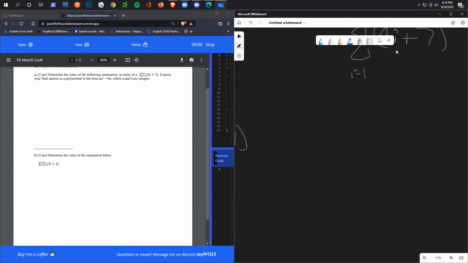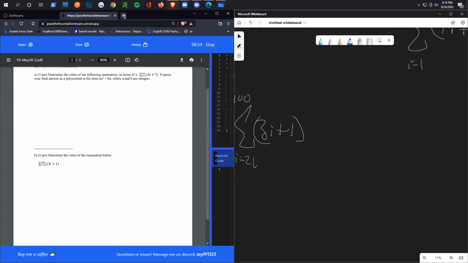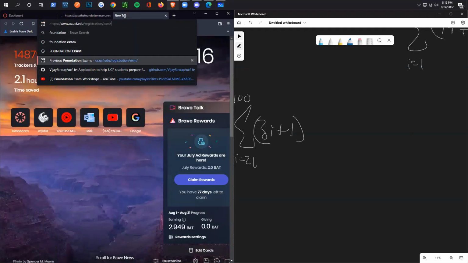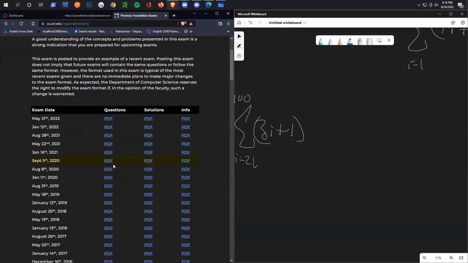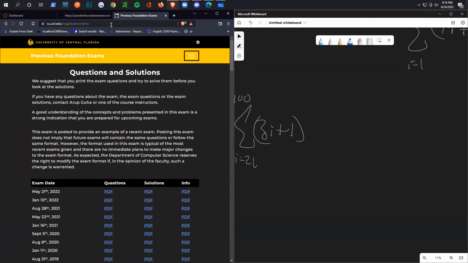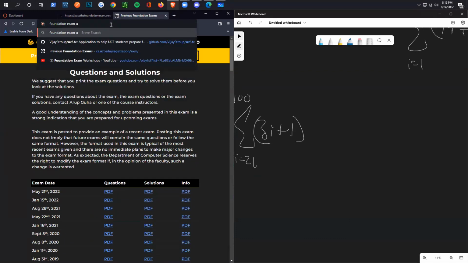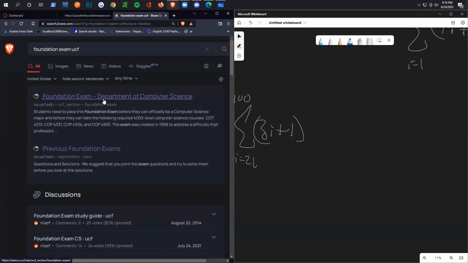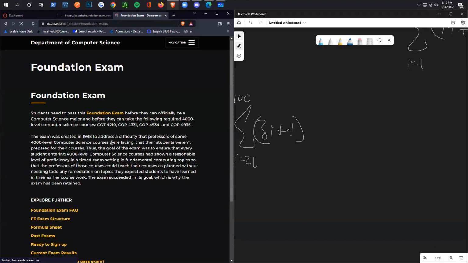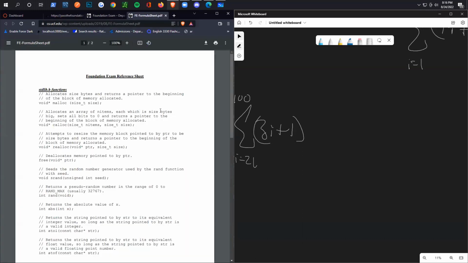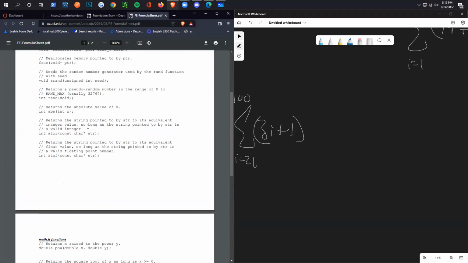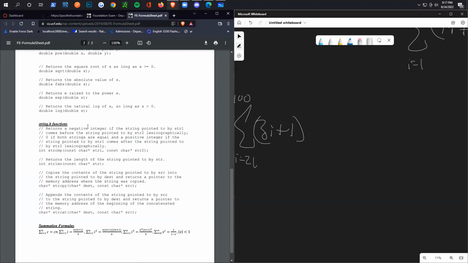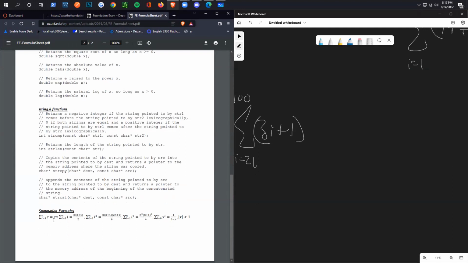On the formula sheet, I see we have some summation formulas, but it also has some of the functions from the libraries. Are those the only functions we're allowed to use? Give me a second, let me go to that so everyone can see it. The formula sheet has standard library, math, string, and some summations.